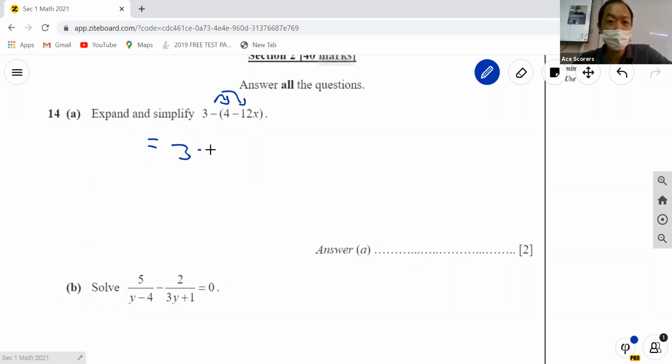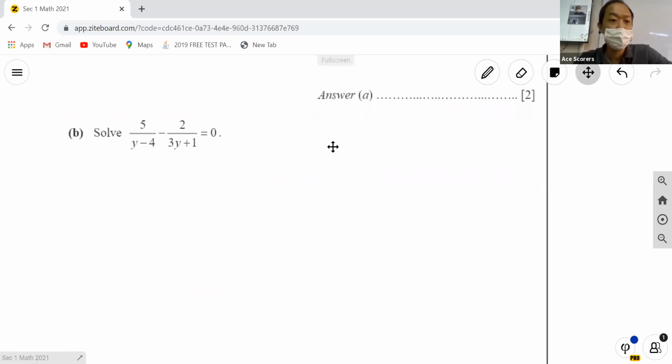We get 3 minus 4 plus 12x. When you rainbow in, the positive becomes minus, negative 12 becomes positive 12. So 3 minus 4 is negative 1 plus 12x, and that would be the final answer: minus 1 plus 12x.